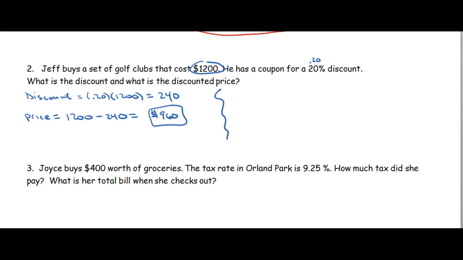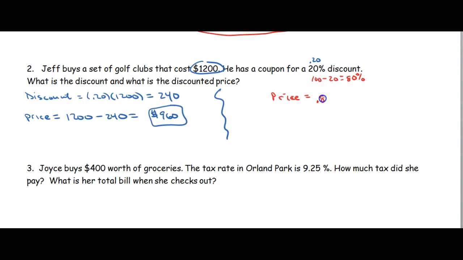Now, to give you an idea, there's another way you can calculate the price even easier. Instead of figuring out the discount and then the discounted price, what we could do is just find the discounted price by saying, if I'm getting 20% off, what percent am I paying? Well, 100 minus 20 gives me, I am paying 80% of the original cost.